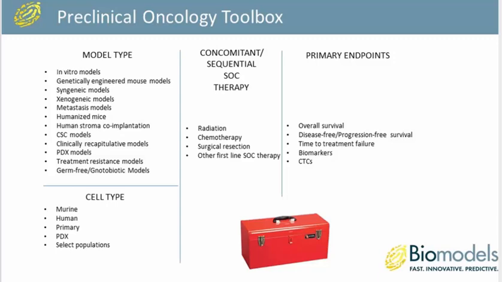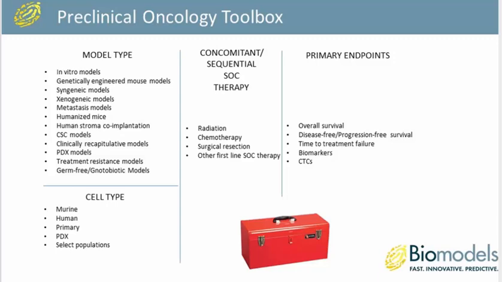Your murine models, your immunocompromised models carrying human tumors, and then up from there you have more humanized animals carrying human tumors and human immune cells.